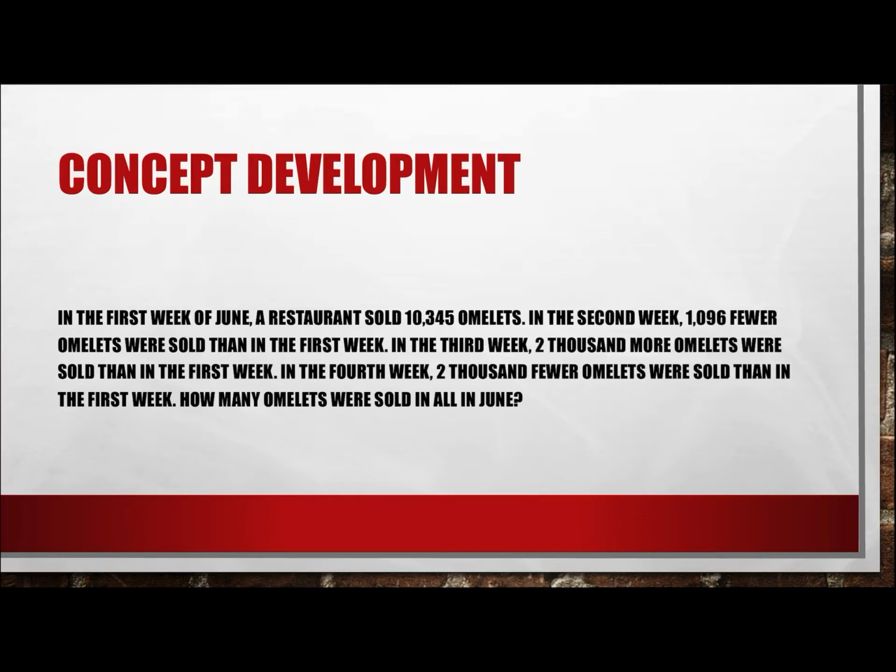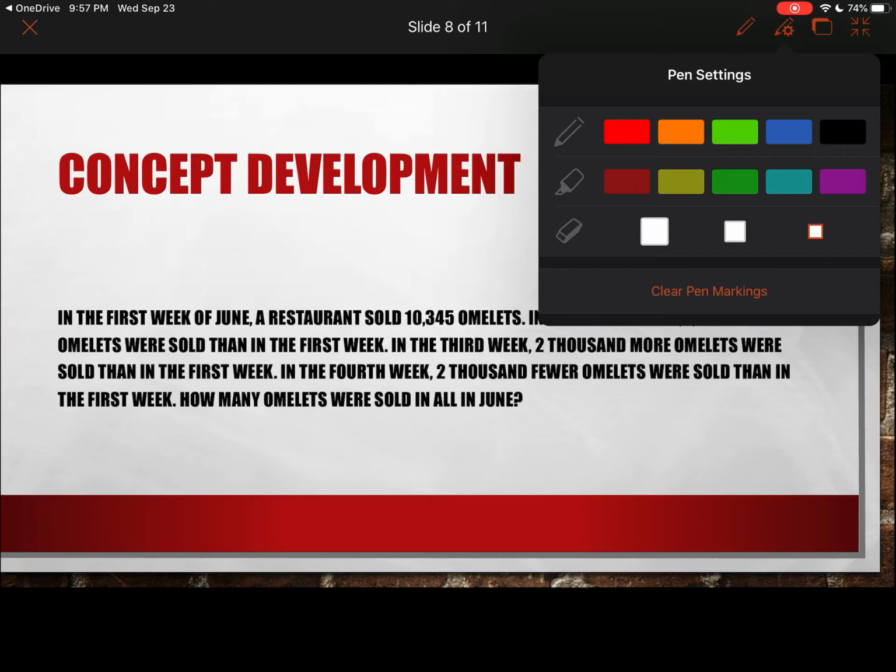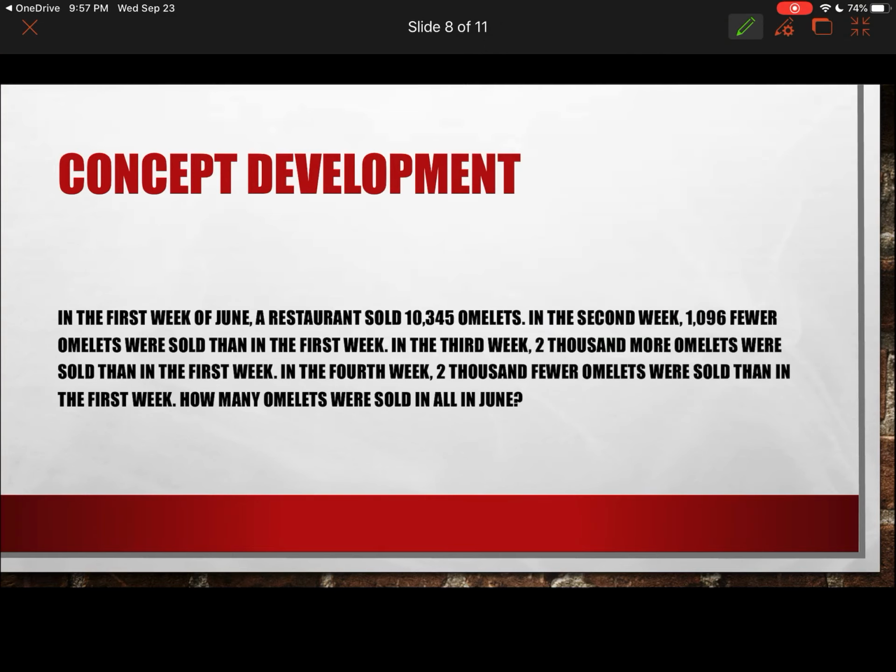All right, this one is a little bit complicated because they use the standard form of the number plus the written out form of a number. So you have to pay really close attention to the information they're providing you so you know exactly what you need to do. So let's see. We are looking at the weeks in the month of June.